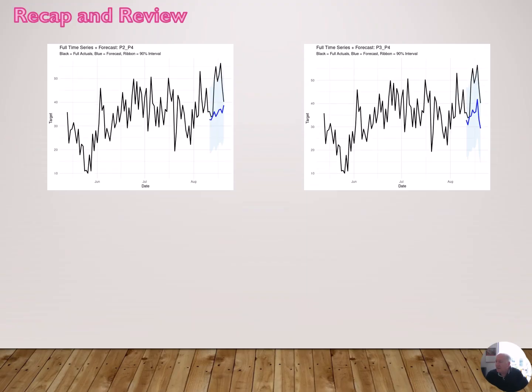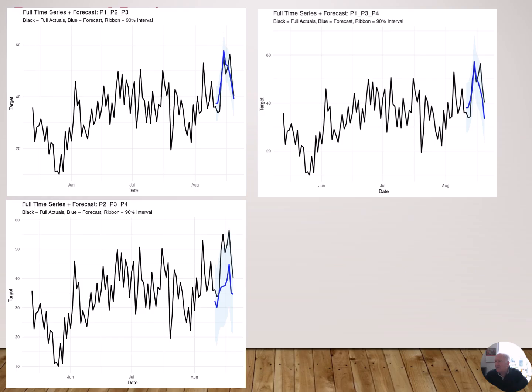And if we look at P2 and P4 and P3 and P4, they seem to do the least. They don't do very well. If we look at the three of them together, we see that P1, P2, and P3, just by eyeballing it, looks like it's doing the best job here.